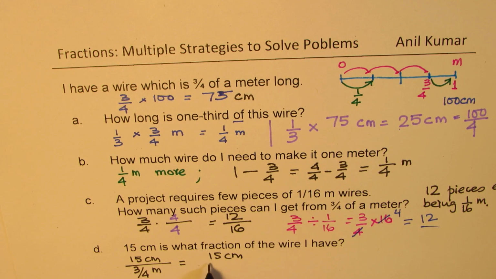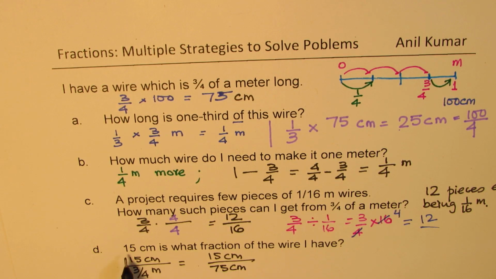We're talking about centimeters, so I have to convert this to centimeters. 3/4 of a meter is 75 centimeters, correct?